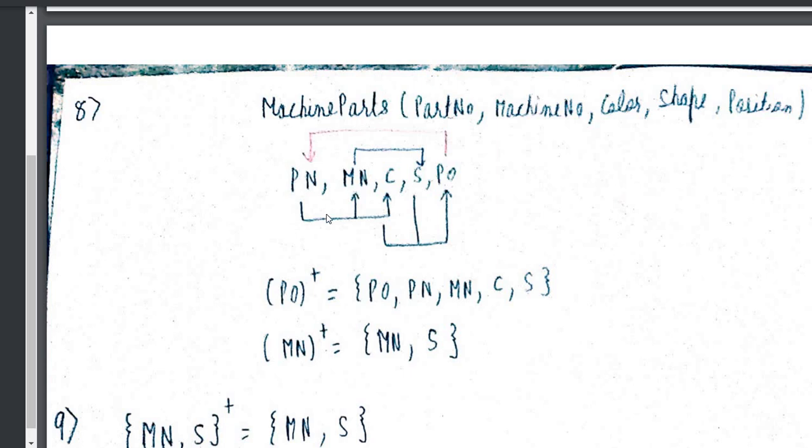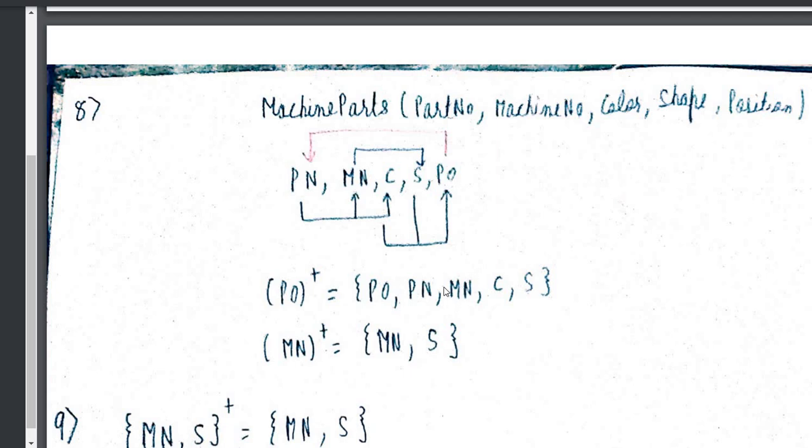Here PN is for part number, MN is for machine number, C is for color, S is for shape, and PO is for position. So I have represented the functional dependencies in one line, that is PN is finding MN and C, that is machine number and color. And similarly for the rest of the functional dependencies, you can see it here. So finding the closure of position, we get PO, PN, MN, C, and S, and finding the closure of machine number, which is MN, we get MN and S. So we have to identify which are common in both.